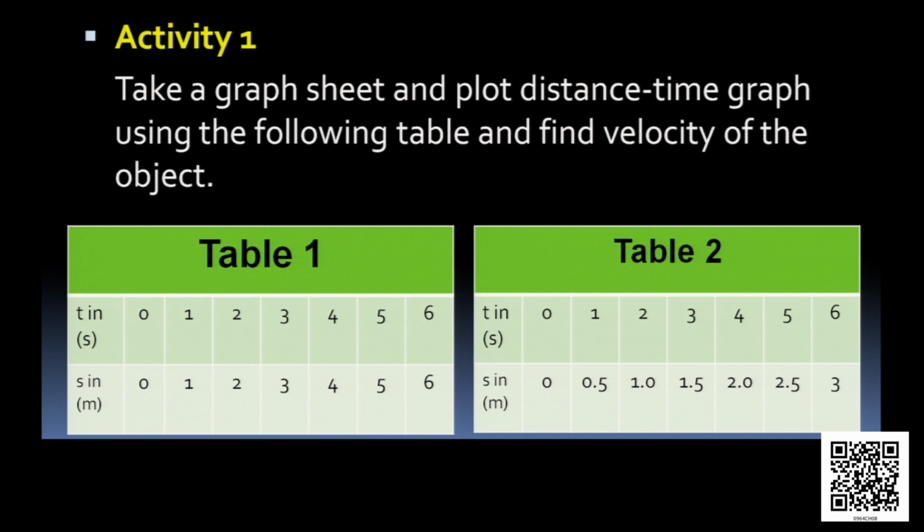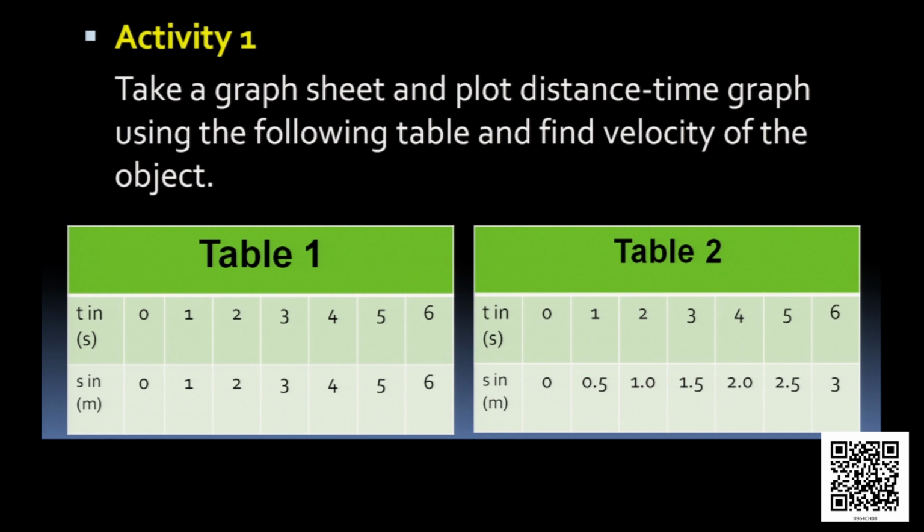Because you know the concept of velocity and acceleration from your previous knowledge. Do this activity. With the help of these two tables, plot two different graphs. Then from the graph sheet, find out the velocity of the object and also the acceleration of the object.